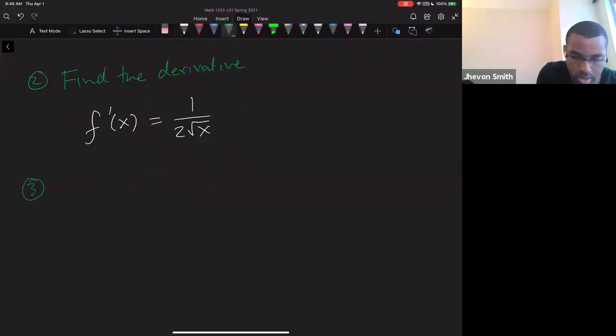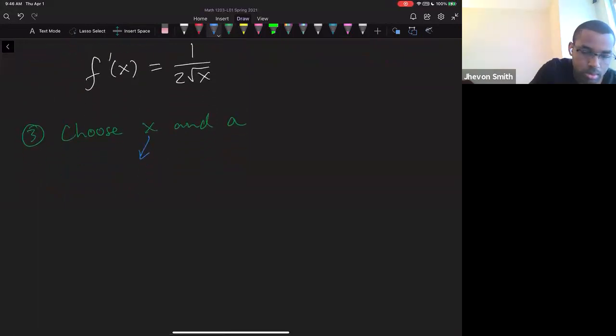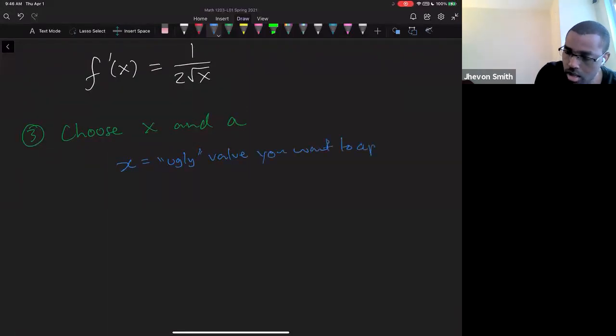The third thing is now you're going to choose your x and your a, where the x is the ugly value you want to approximate f of x for. All numbers are beautiful, you know what I mean.